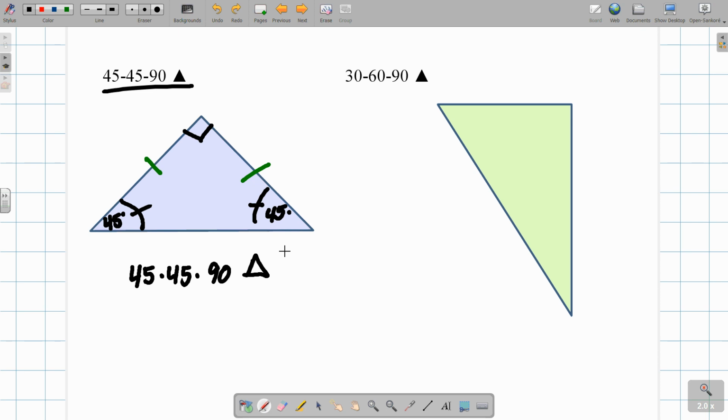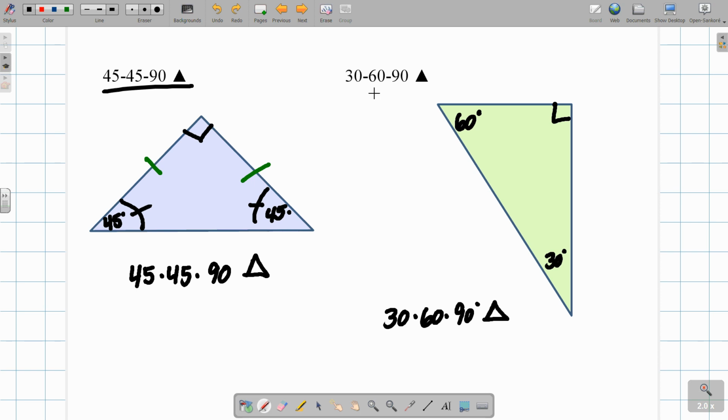That's one of two. Your other one, you have your right angle. Your smaller angle is 30 degrees. Your larger angle is 60 degrees. This is called a 30, 60, 90 triangle. 30, 60, 90-degree special right triangle.